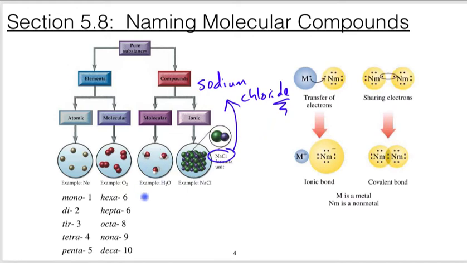Now, the molecular compound that we're looking at here is, we know it as water, but we can also name it in a proper way. The name is never used, but you can do it. And let me just share that with you. So this can be called dihydrogen monoxide.